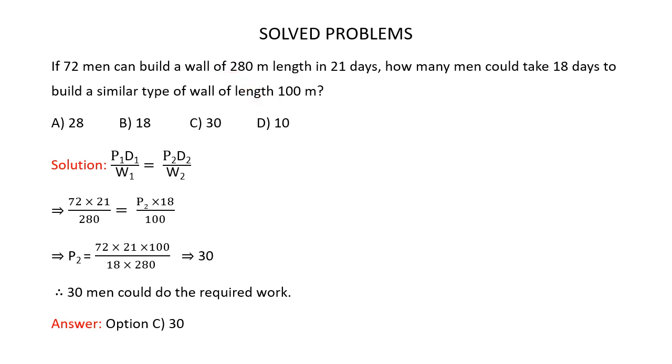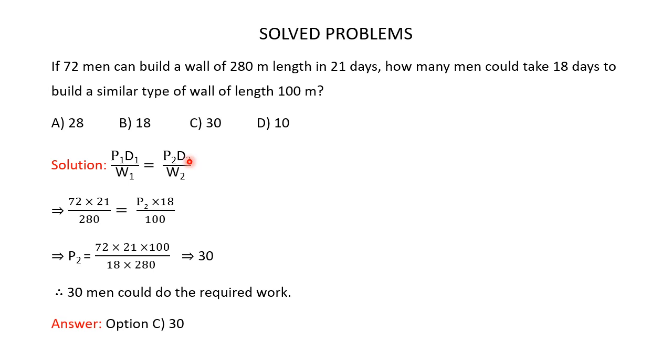As you can see, the amount of work done in the first and the second cases is different. So since the amount of work done is different, use the formula P1 D1 divided by W1 is equal to P2 D2 divided by W2. Now here P1, the number of men, is 72, D1, the number of days, is 21 and W1, the amount of work, is 280.